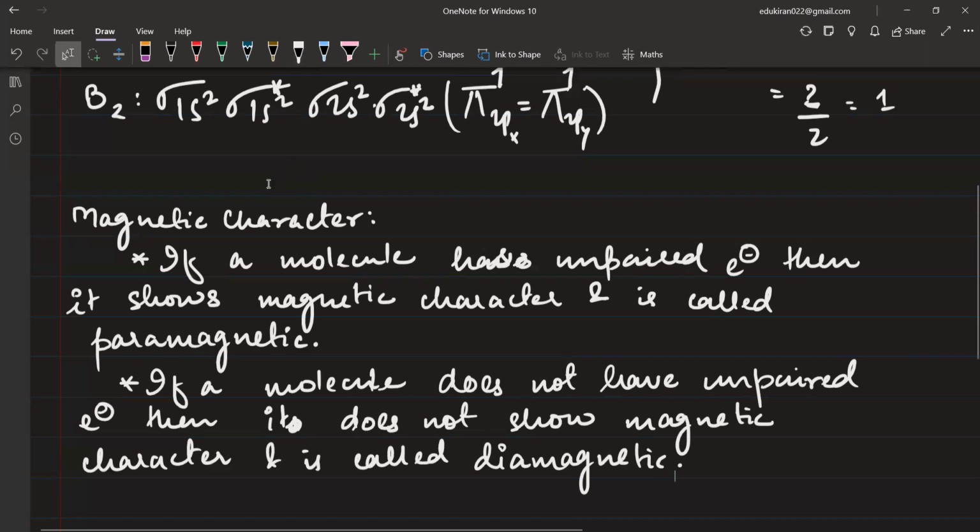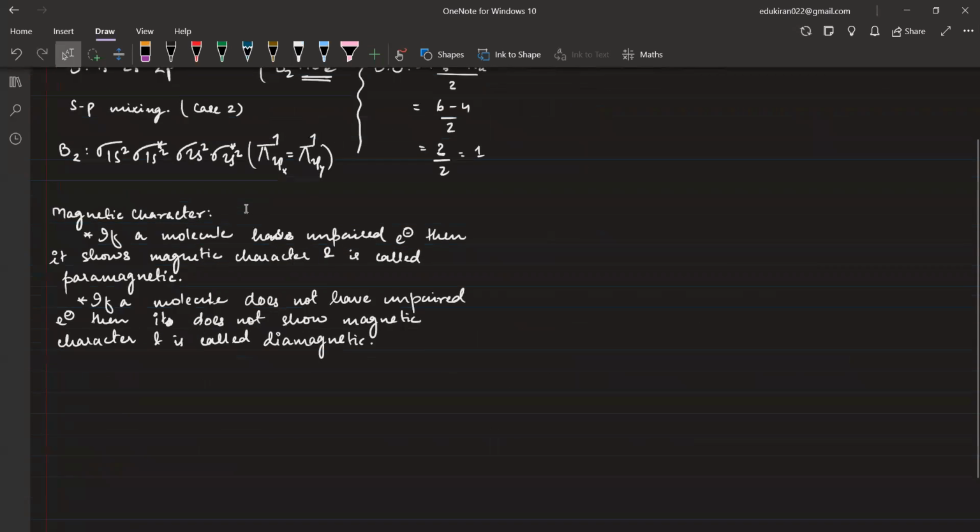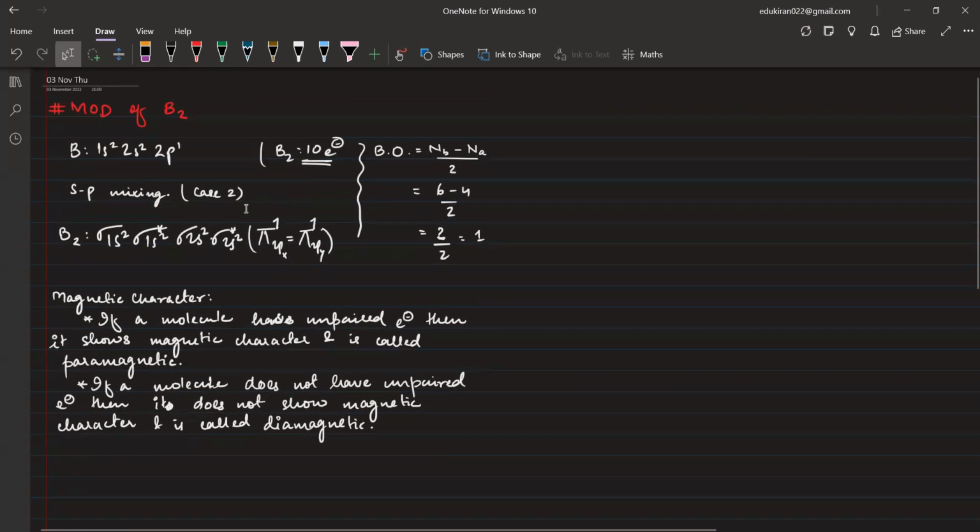So in this case, you can see that B2 has 2 unpaired electrons, and that is why it is going to be diamagnetic. Sorry, it is going to be paramagnetic, and it is going to have magnetic character. Please write this down. Let me know once you're done.